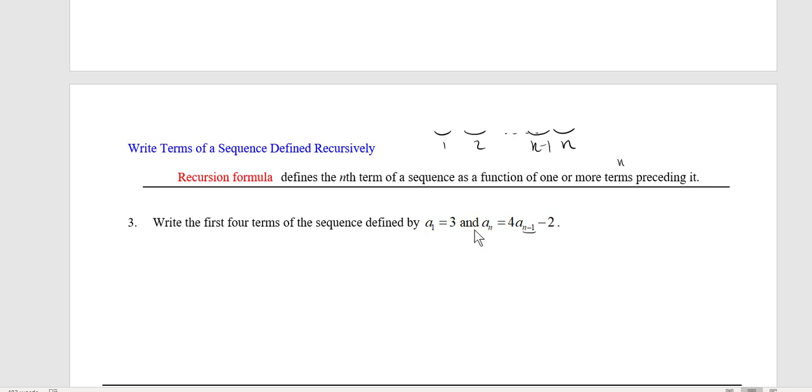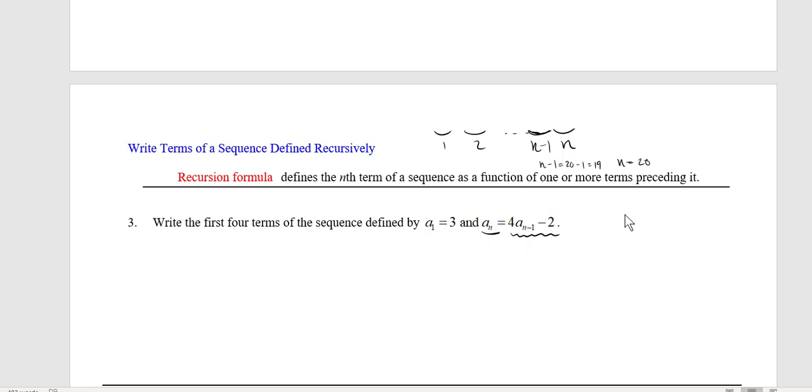Right, so if n was, I don't know, 20, then the one right before it should be n equals 20 minus 1, the position that comes just before it. So this is how we describe the position just before the nth position. We use an n minus 1. So in this way, we have a description for the nth term written in terms of previous values in the sequence, the term that came right before it.